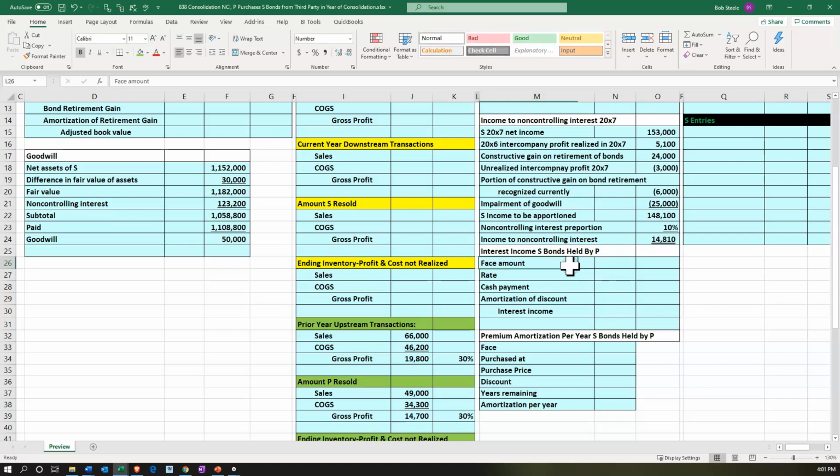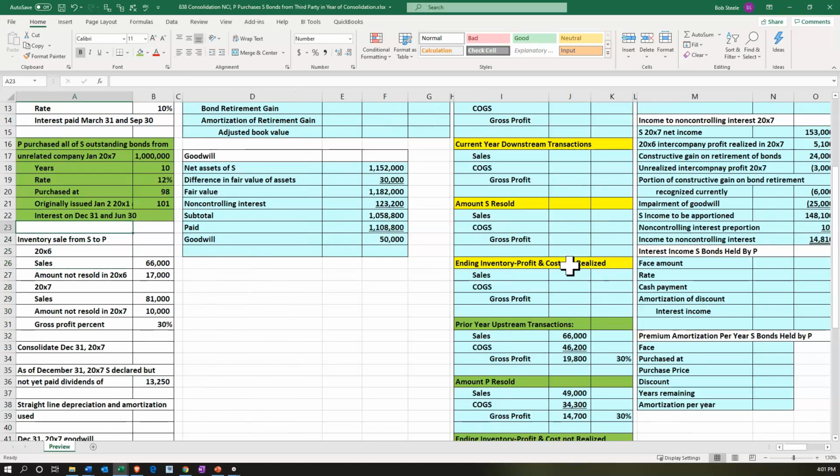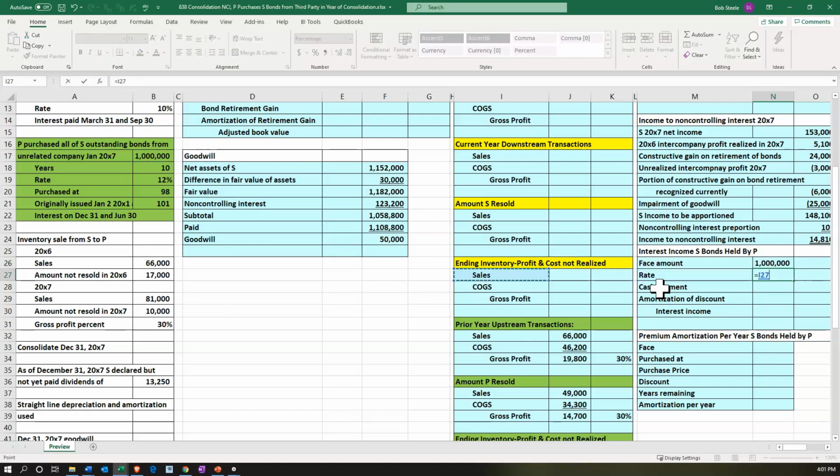Now we're thinking here of this weird situation where P purchased S bonds, but again purchased them from that third party. So what's going to happen with regards to P's books when they're going to record this information? Well, they're going to be thinking, all right, the face amount of the bonds are the 1 million. The rate of interest is going to be that 12%.